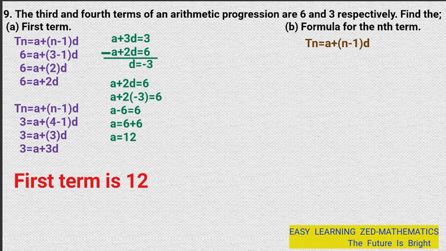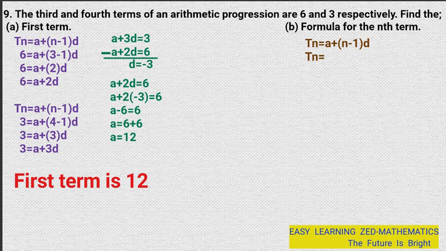Okay, so now we don't know the value of Tn, so we're going to write Tn. Then we know the first term, so where there is a, we're going to replace it with 12, because a stands for the first term. So the first term is 12.